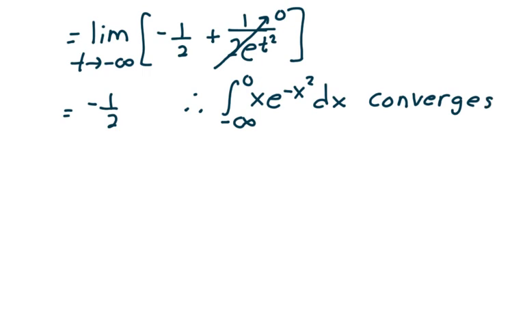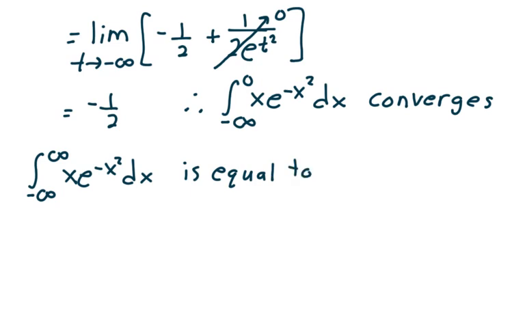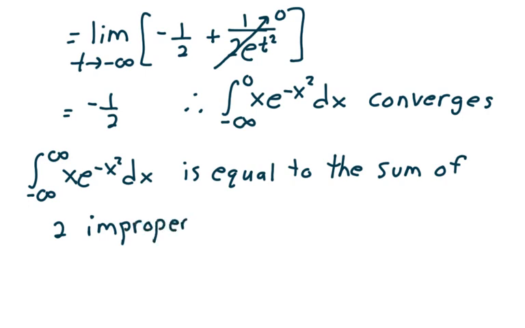Now, what that says is the integral from negative infinity to infinity of x e to the negative x squared dx is equal to the sum of two improper integrals that converge.